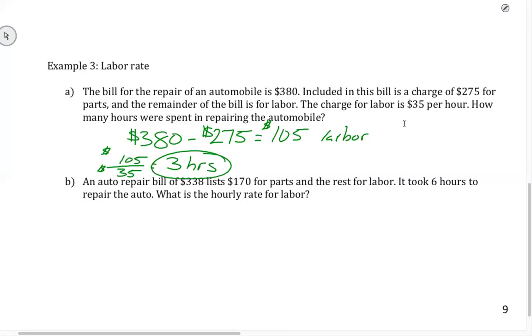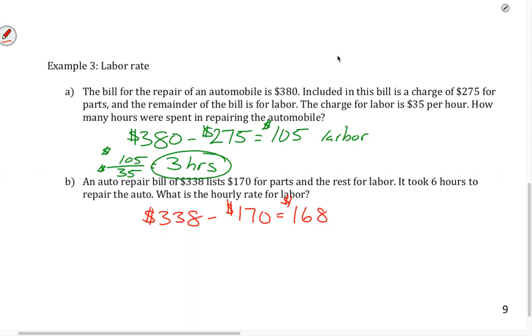And now an auto repair bill is $338. All right, $170 for parts and the rest for labor. So I do 338 minus 170, and I get 168. And it says it took 6 hours to repair the automobile.